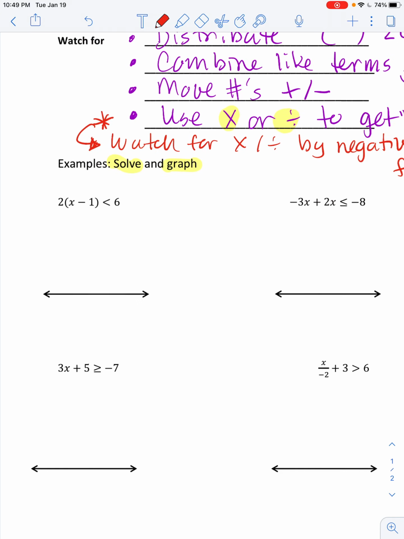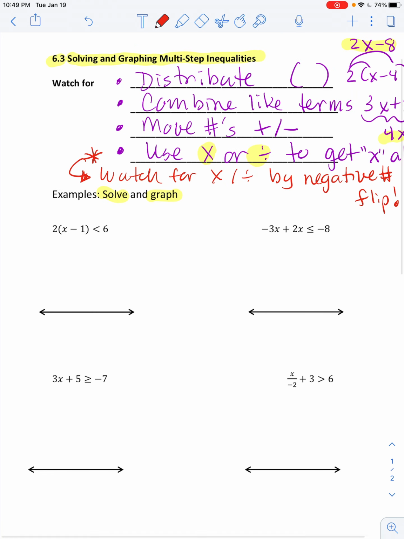In this first example, there's a couple things I can do, but looking at my list, I can see that I have parentheses. So I'm going to go ahead and distribute. If I distribute this, I'll have 2 times x minus 2 times 1. So when I look at my list, I did distribute, and the parentheses were a good heads up that I might have to do that.